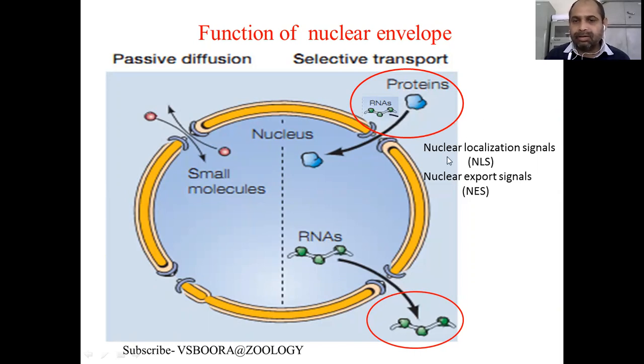The importin recognizes the nuclear localization signals on the protein or protein associated with RNA molecules and transports them toward the nucleoplasm. And nuclear export signals are recognized by exportin, which is responsible for their transport from the nucleoplasm to the cytoplasm via the nuclear core.